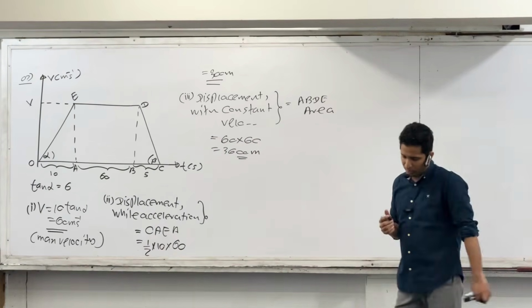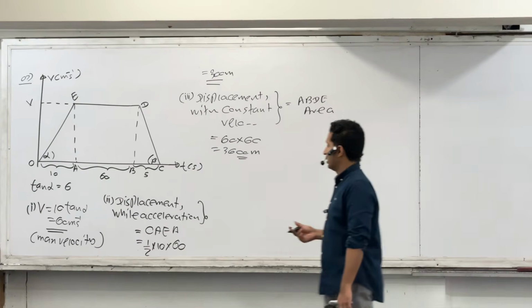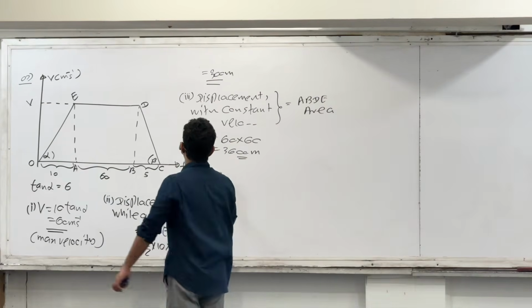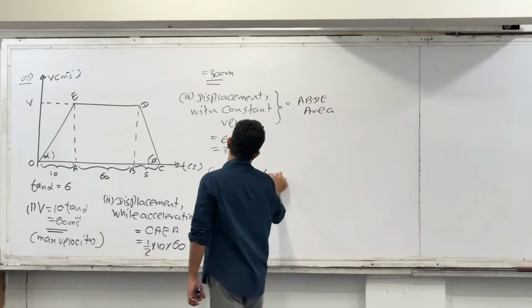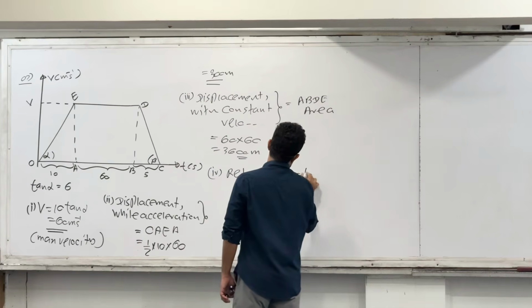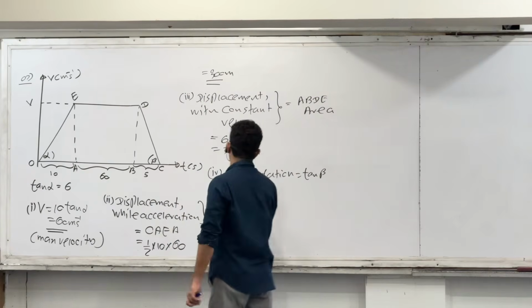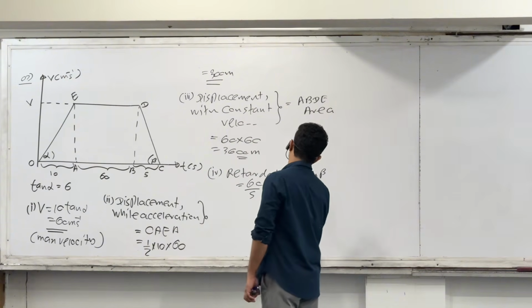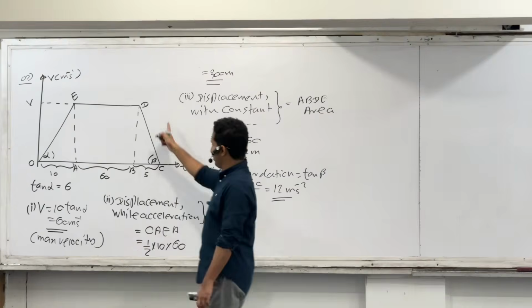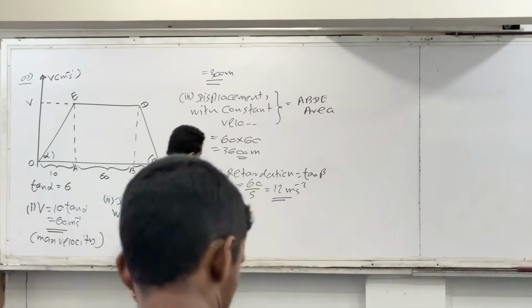Fourth one: constant retardation. Retardation equals tan beta, which is 60 over 5, that comes to 12 m/s². This is from the BCD triangle.